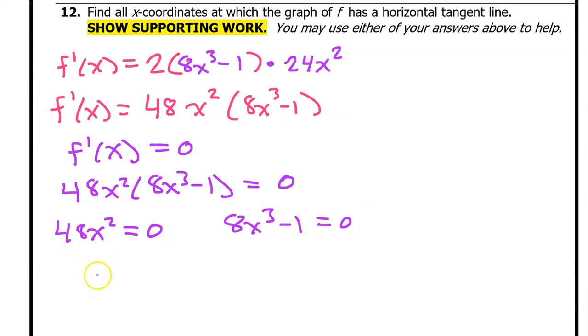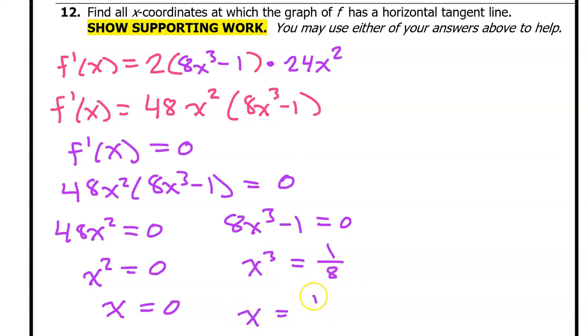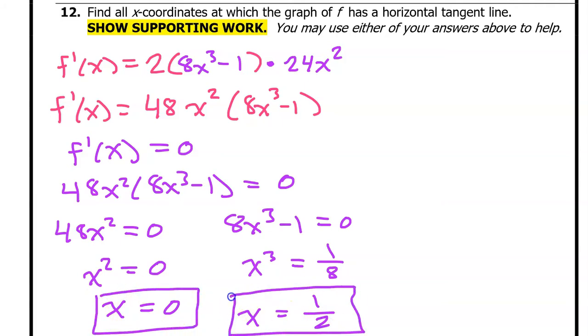Dividing both sides by 48, we get x squared is equal to 0 and x is equal to 0. Adding 1 and dividing by 8, we get x cubed is equal to 1/8. And then taking the cube root of both sides, we get x is equal to 1/2. So these are the two x coordinates where f will have a horizontal tangent line.